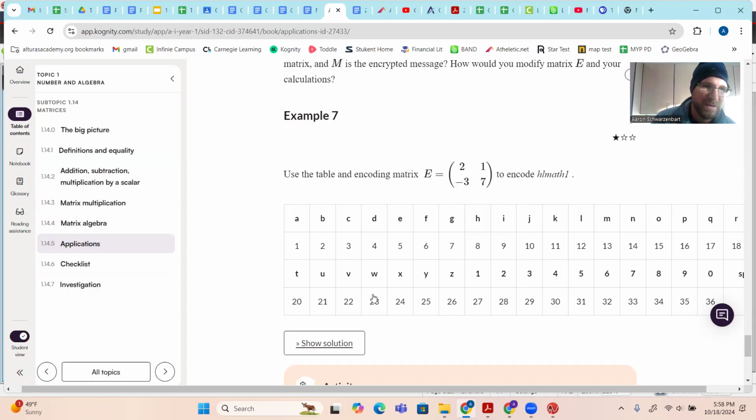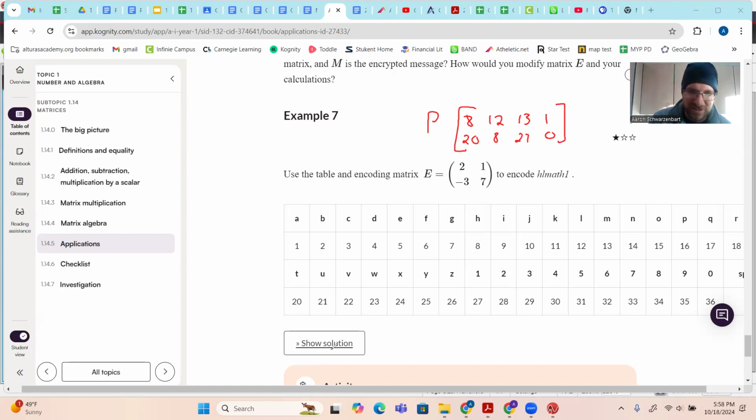So I will make my matrix P. H is an 8, L is a 12, M is a 13, A is 1, T is 20, H is 8, 1 is 27. I'm going to make my last one 0.